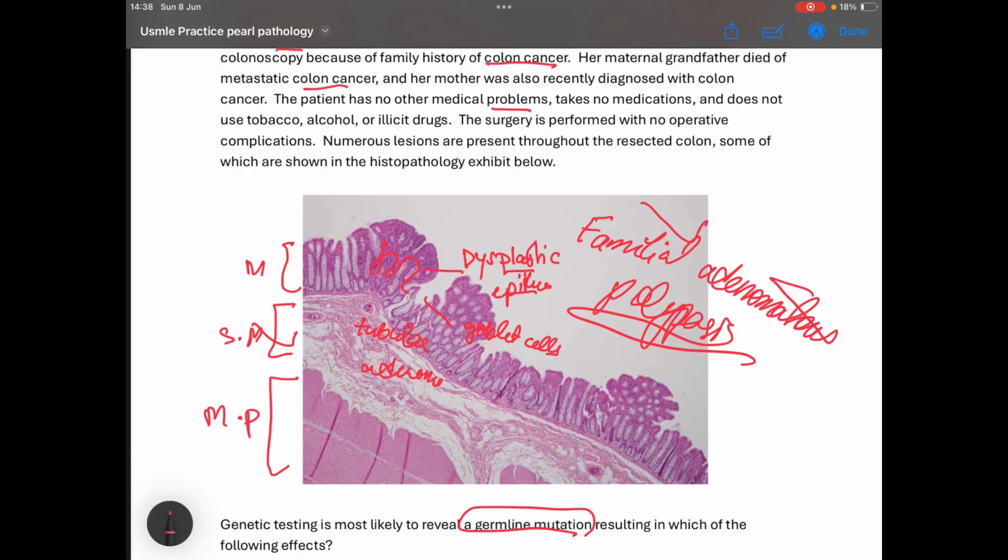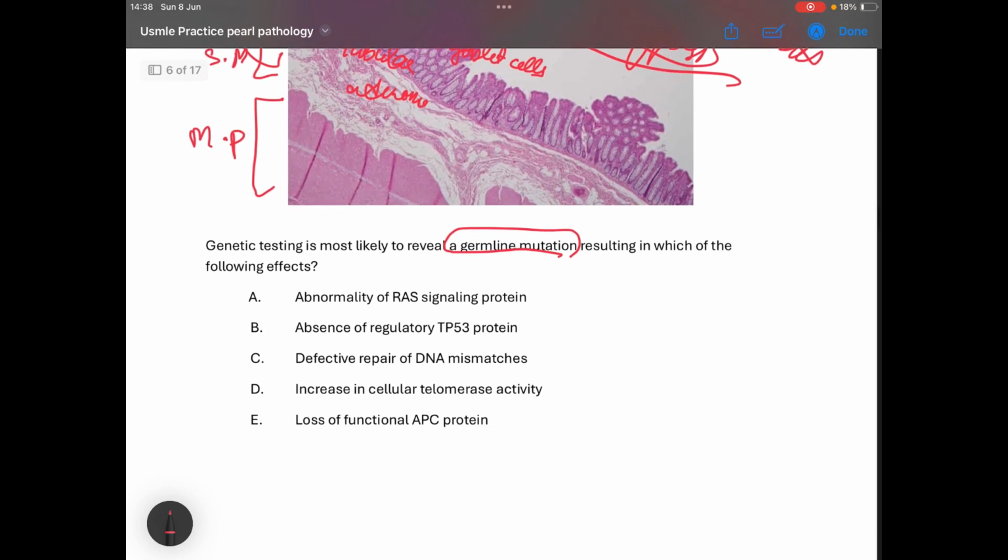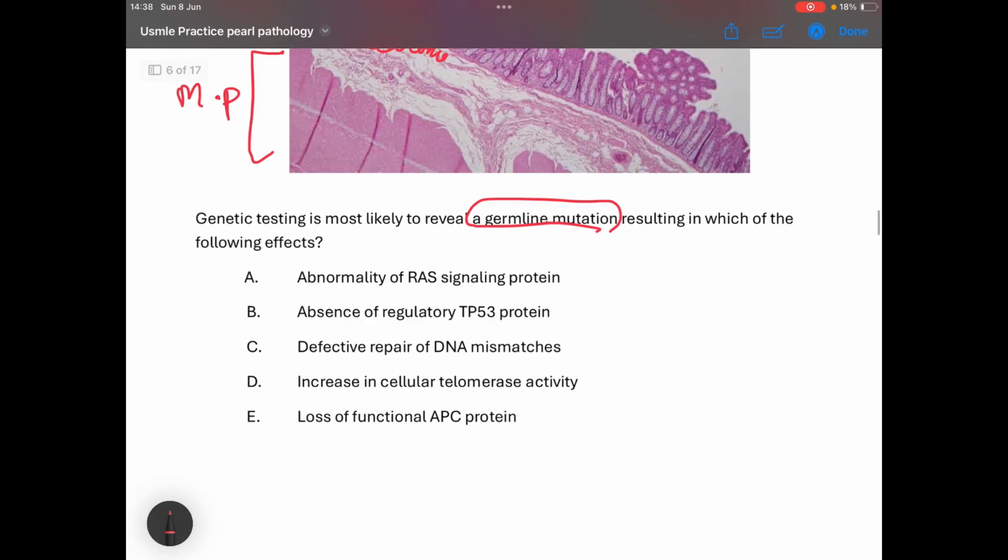In this question, we have to answer which effect genetic testing is most likely to reveal about the germline mutation. What is happening in this disease? This is a young person, and we diagnose familial adenomatous polyposis. Secondly, the germline mutation affects the tumor suppressor gene, adenomatous polyposis coli.